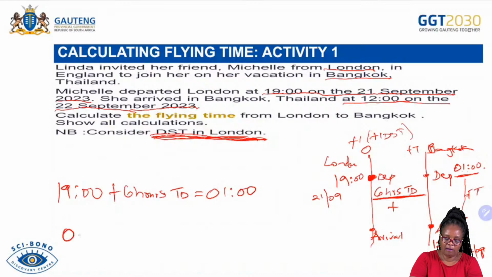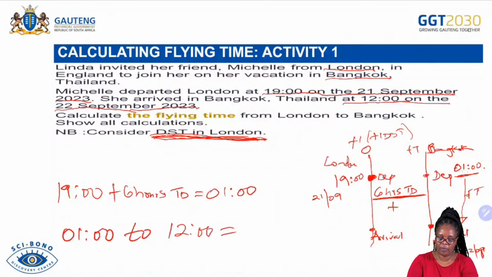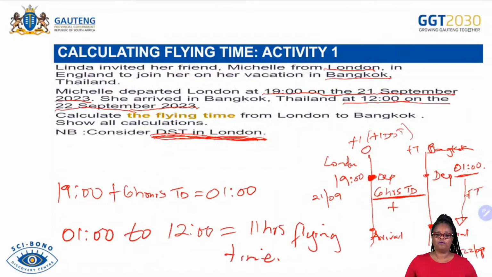Here it just says from 0100 hours to 1200 hours is equal to what? We got 11 hours flying time. This is how we do flying time. I'm sure we're following.